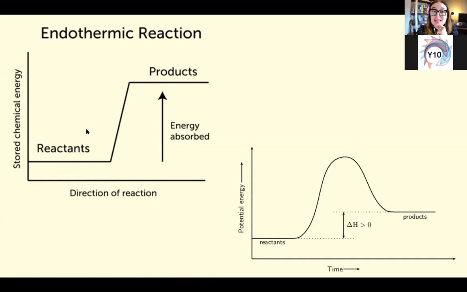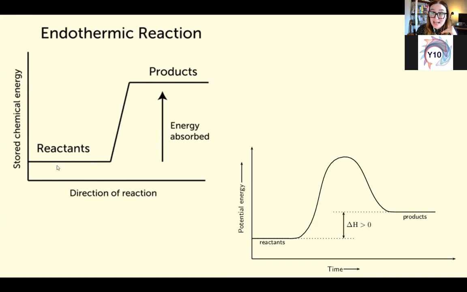Now, when we say that the energy store is higher in endothermic, we're not saying that endothermic reactions have more energy than exothermic, okay? They're the same. What we're saying is that in endothermic reactions, the products, the stuff you make at the end, have a higher energy level than the stuff you begin with.